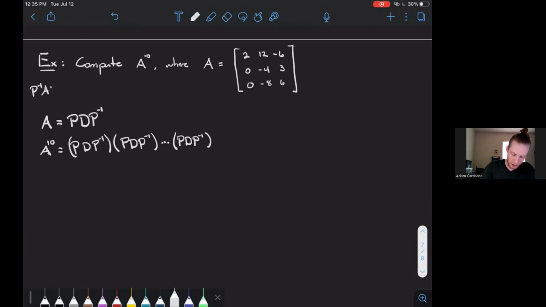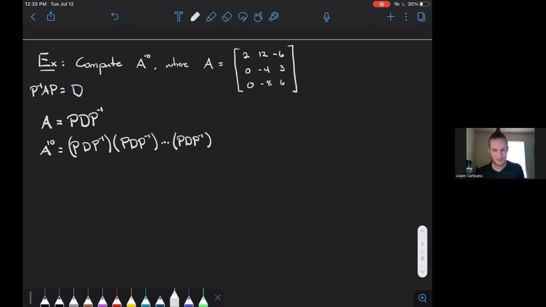Right, that's where it came from, if A is diagonalizable. We don't actually know that it is yet. I'm just saying it will be because we're in the diagonalization section.